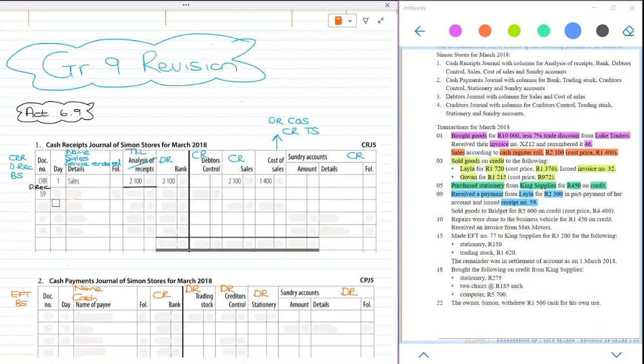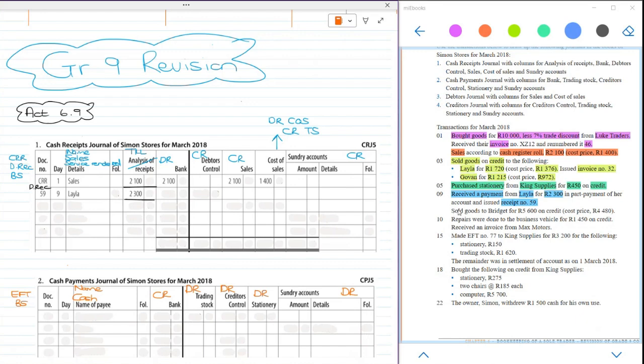The date of the transaction is the 9th. We received the money from Layla, which was a debtor. We saw it there at number 3. How much did we receive? 2,300. We gave her a receipt, meaning she paid cash in the store. So yes, I did receive the money in my till.